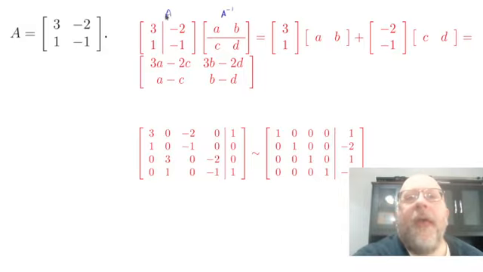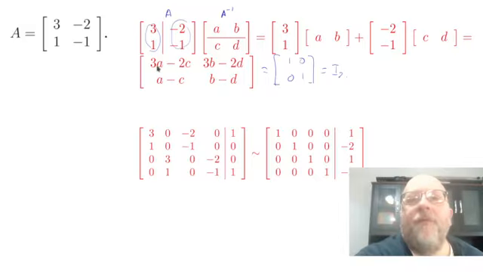And when I multiply A times A inverse, that's using the column row rule. So we get 3, 1 times A, B and -2, -1 times C, D. Add them together. This should be the identity matrix I2.